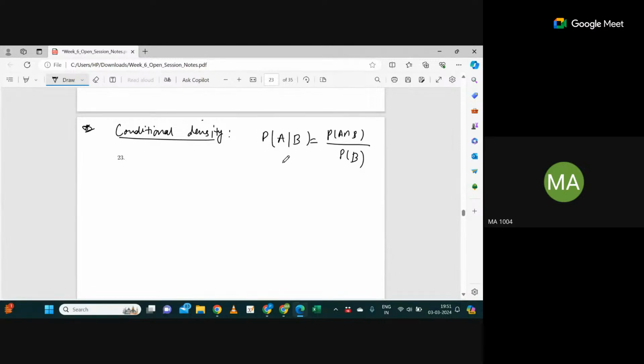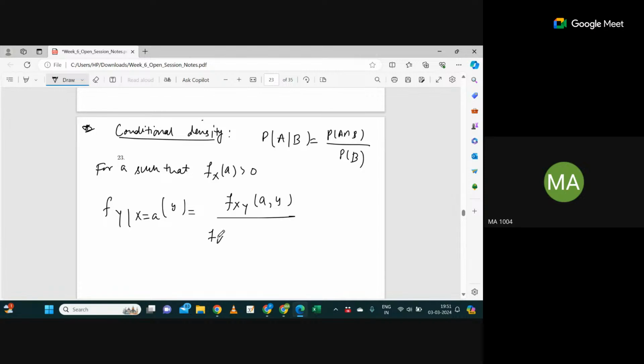In the case of continuous variables, for a value a such that f_X(a) is greater than 0, the conditional density of y given x equal to a, at y, is the joint density f(a, y) divided by f_X(a).